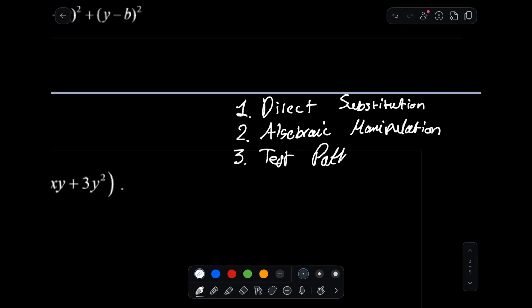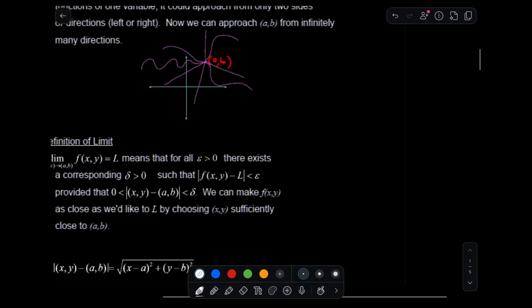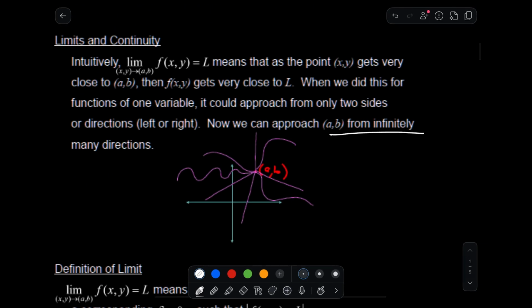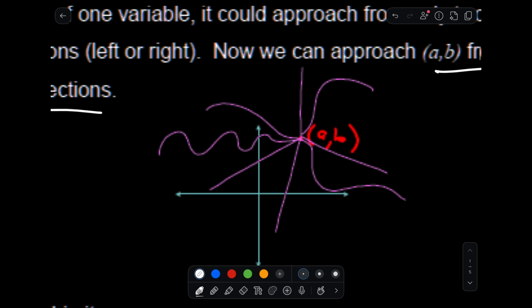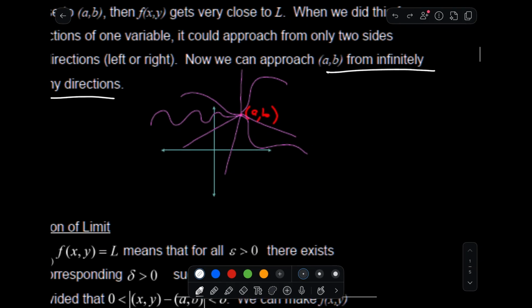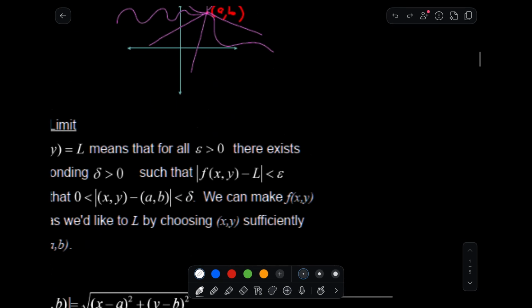paths. Like I mentioned earlier, there's infinitely many paths you can take. Like for example, this right here, in 3D space, this has infinitely many paths it can reach. As long as it goes through that point a, comma b, it is a valid solution, right?